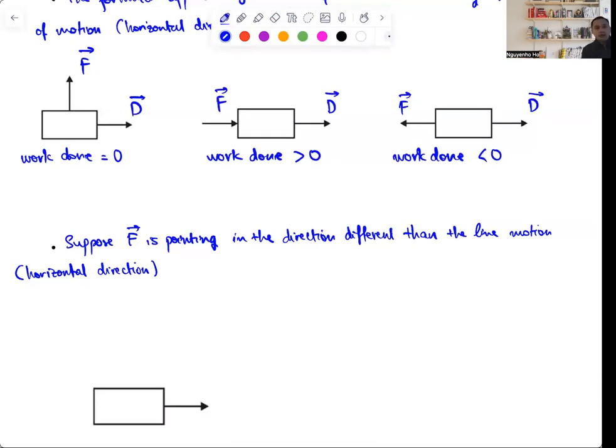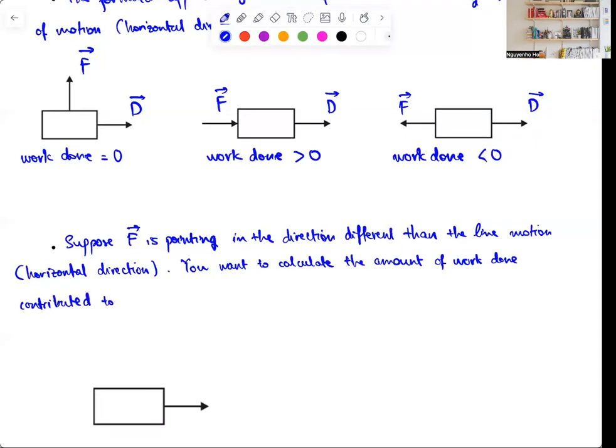So what you want to do is calculate the amount of work done contributed to pulling the object in the horizontal direction.